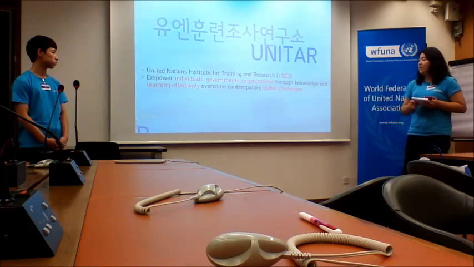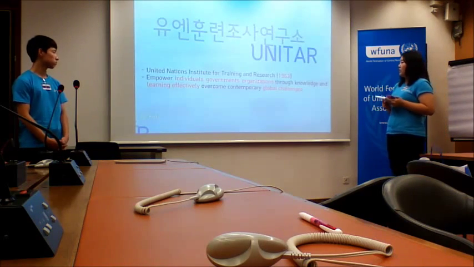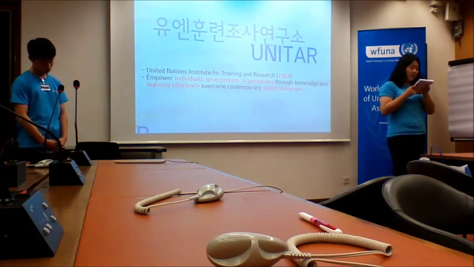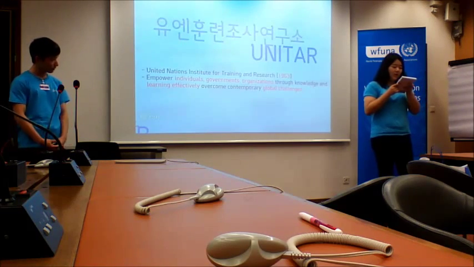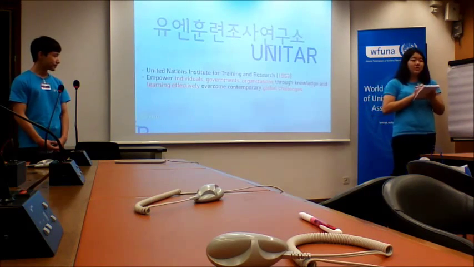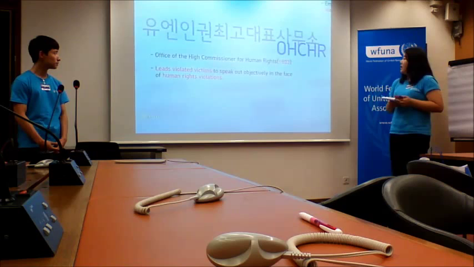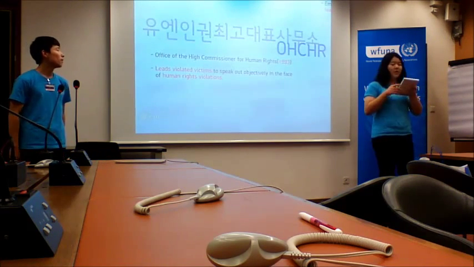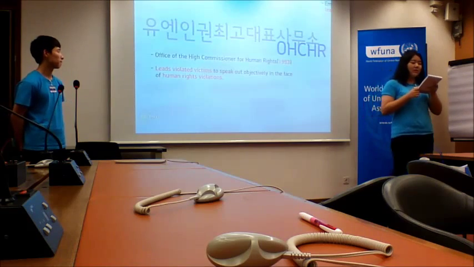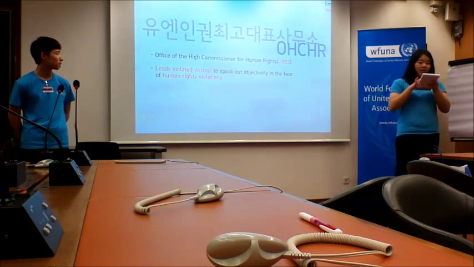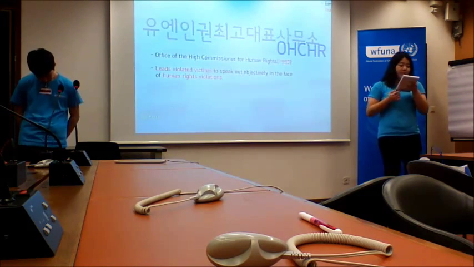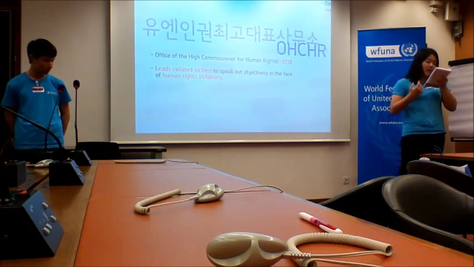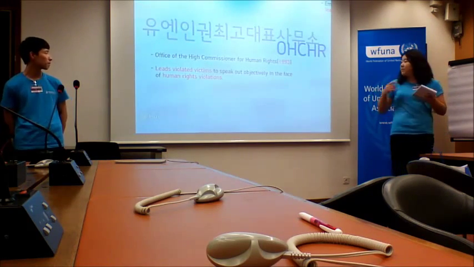It empowers individuals, governments, and organizations through knowledge and learning to effectively overcome contemporary global challenges. And OHCHR, the Office of the High Commissioner for Human Rights, was organized in 1993. It leads victims to speak out objectively in the face of human rights violations.